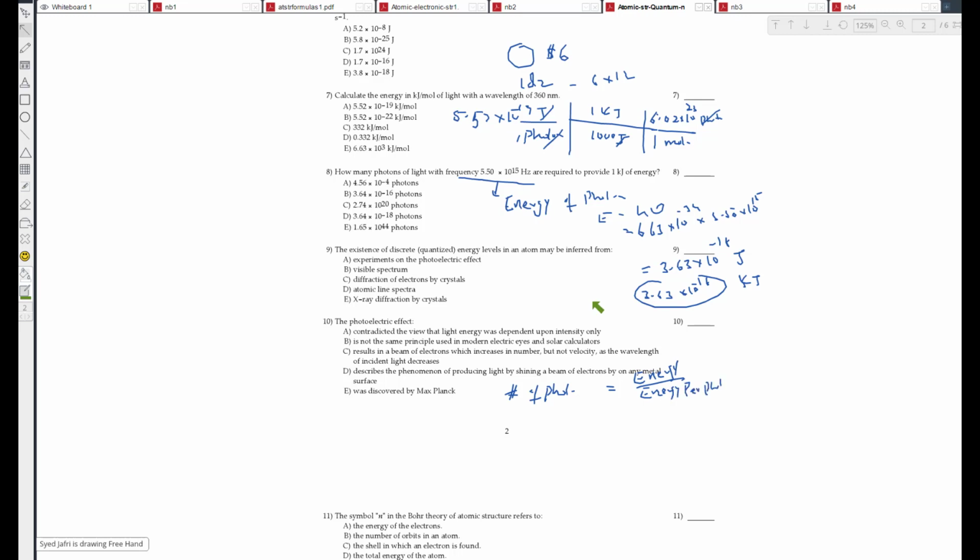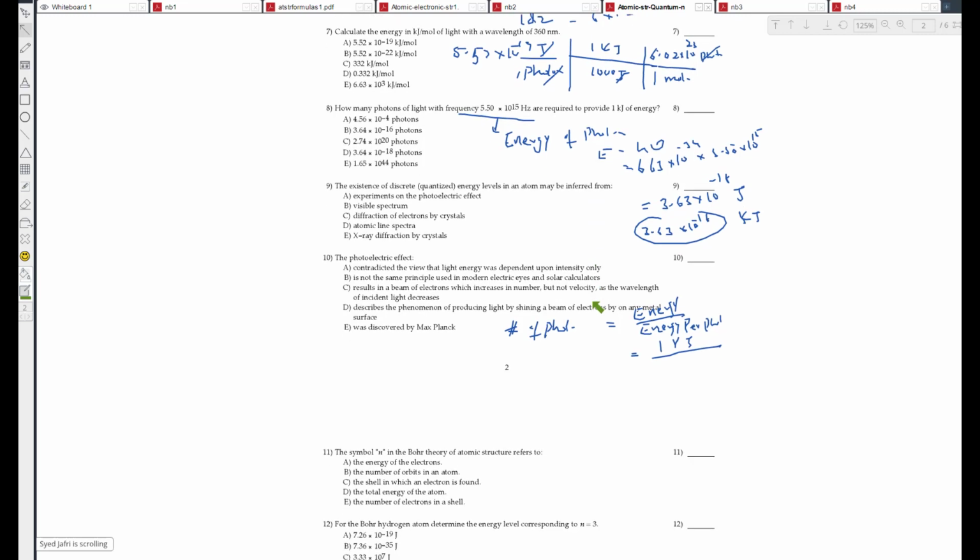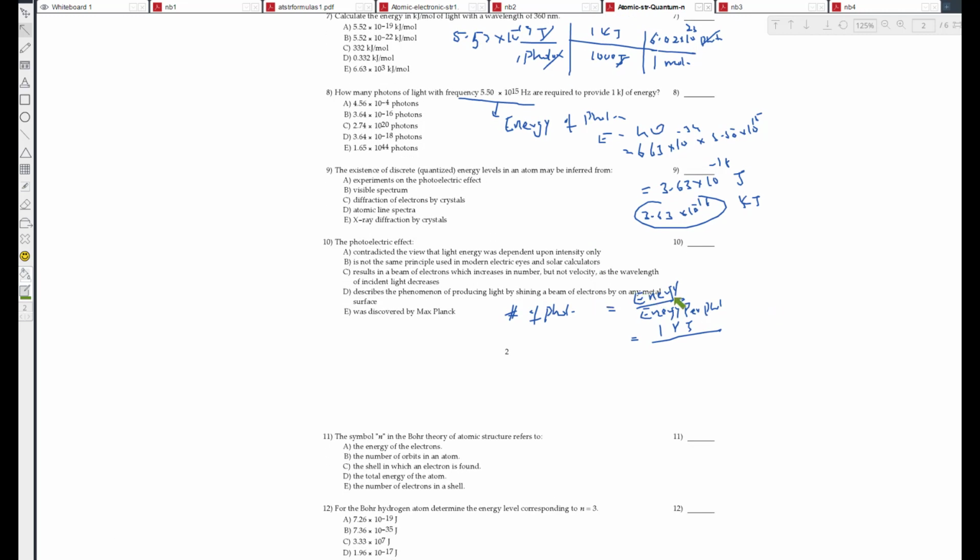So the numerator is the total energy that they want, and the denominator is 3.63 times 10 to the power minus 21 kilojoules per photon.